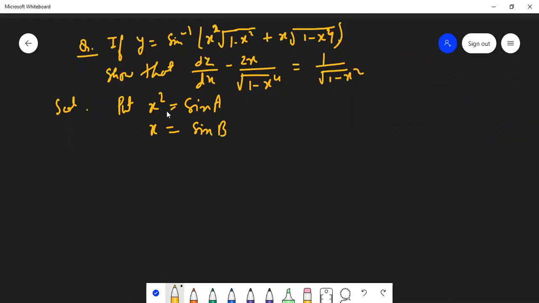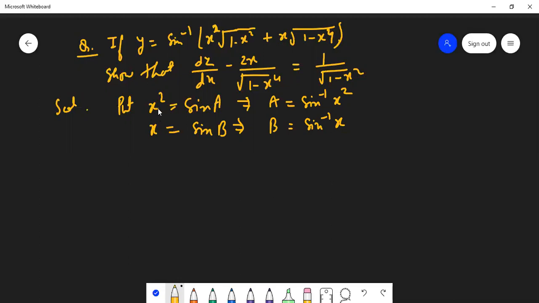If x squared equals sine A, this will imply A is equal to what? A is equal to sine inverse of x squared by definition. And also by definition we can say B is equal to sine inverse x. Okay, so we can write these two quantities like this.